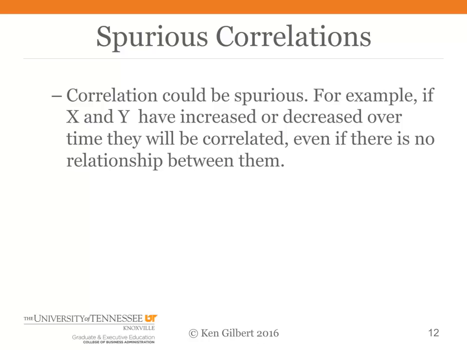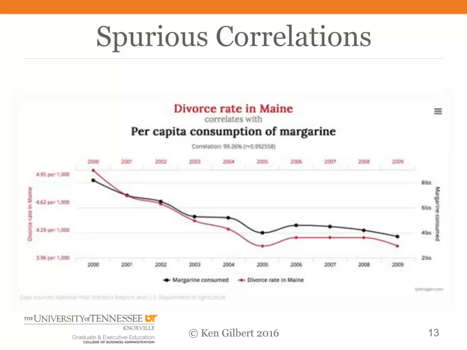If you take one time series, say professor salaries that have increased over time, and you take any other time series, consumption of drugs, for example, that has also increased over time, then they will show a positive correlation. And if you look at enough different things, you will be able to find some of these spurious correlations that are very high. Here's an example where the correlation coefficient is over 0.99.